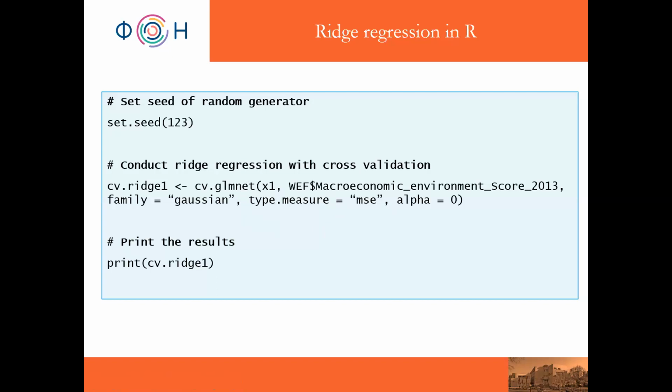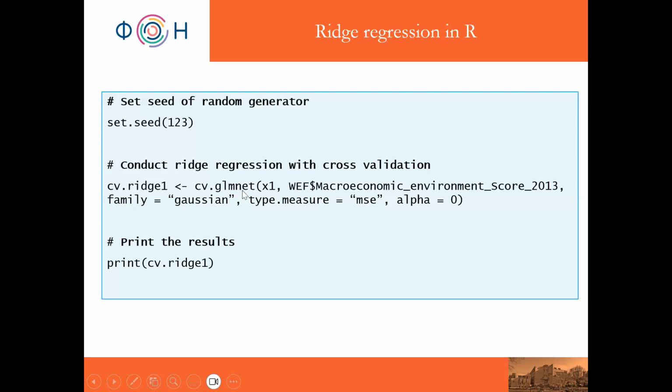If you remember, at the beginning when we were talking about theoretical aspects, we had a graph with bias, variance, and mean square error. So the type measure we will be using here is MSE. Alpha equals 0 indicates that we are using ridge regression.